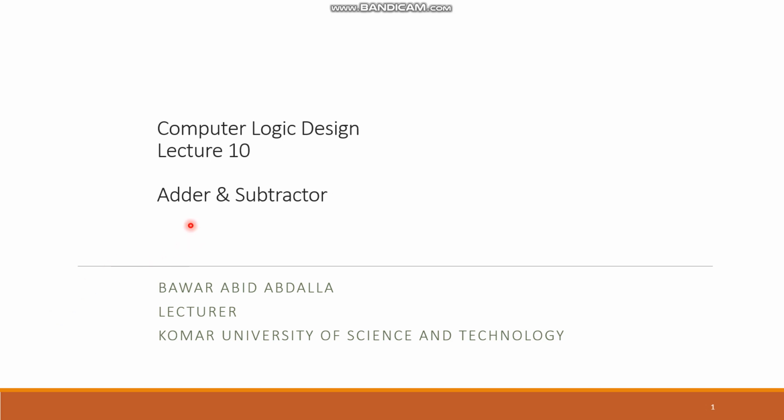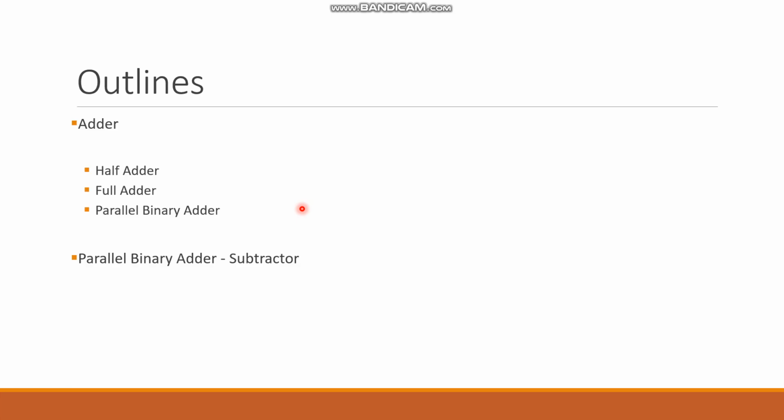In this lecture, we are going to talk about adders and subtractors, which are combinational logic circuits used to add or subtract binary numbers. The topics we are going to cover: at the beginning, the adder. We start by learning the half adder, then move to the full adder.